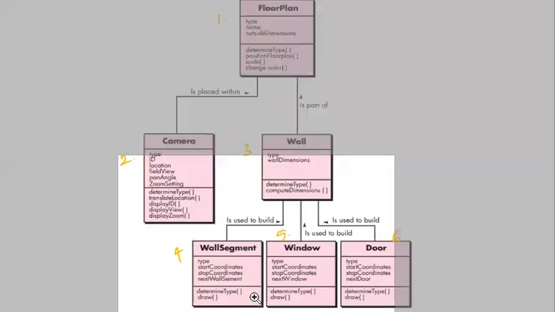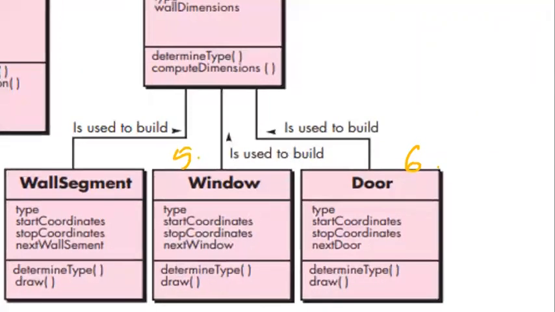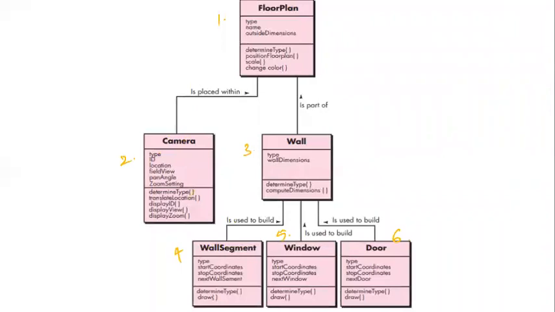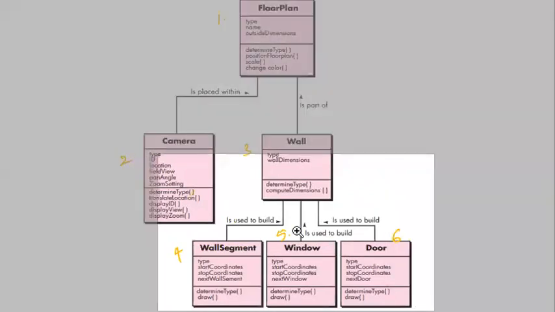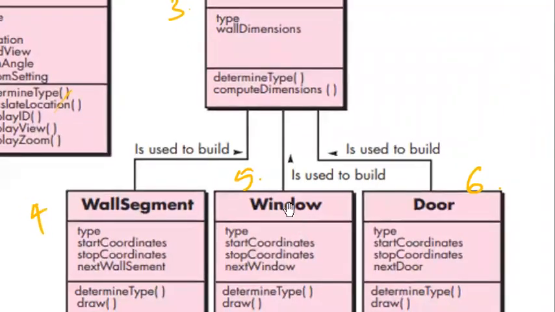Now we'll start from the wall. A wall is going to have different dimensions. There is going to be a type of wall, whether it is a fall wall, what type of wall it is. Then an operation for that wall is going to be to determine the type of wall and make the dimensions for that particular wall.